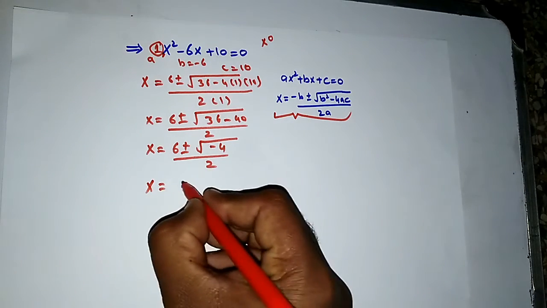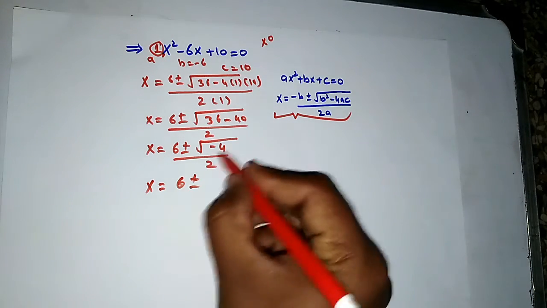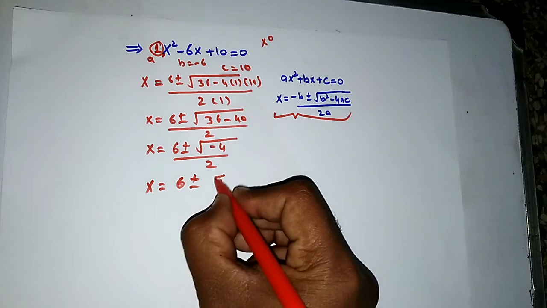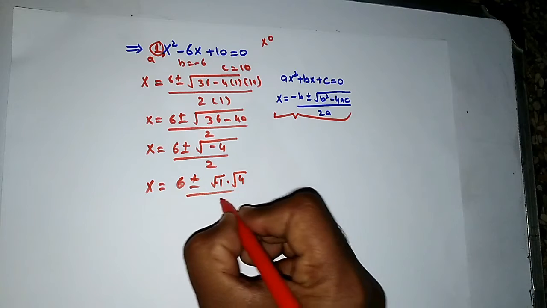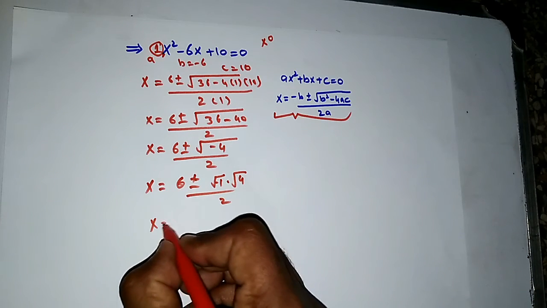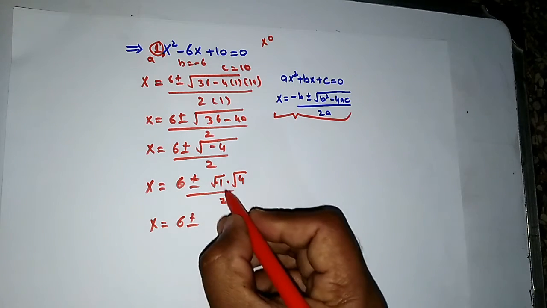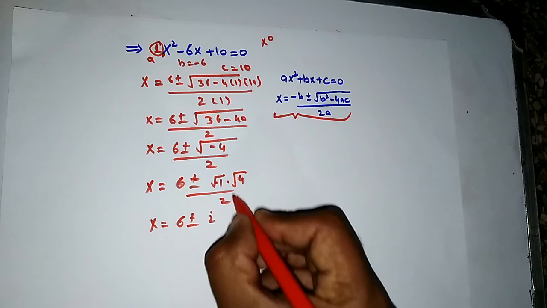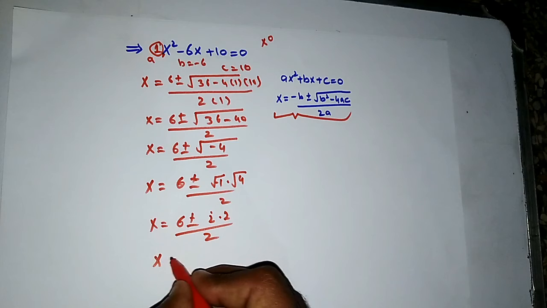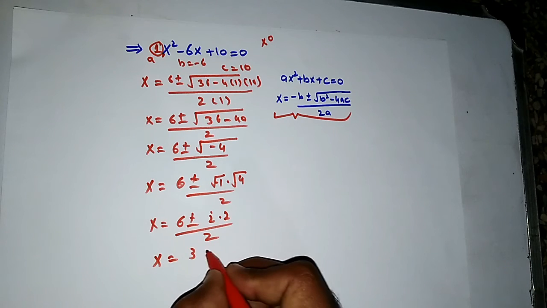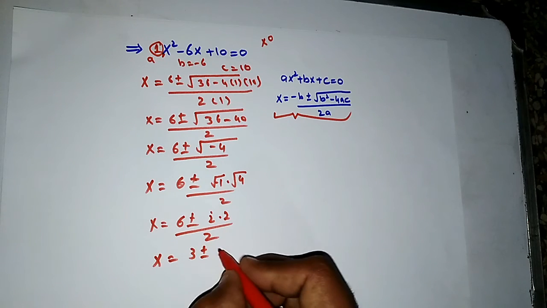So x is equal to 6 plus minus, we can write it as the square root of minus 1 times the square root of 4, divided by 2. x is equal to 6 plus minus, the square root of minus 1 is iota, the square root of 4 is 2, divided by 2. x is equal to 6 divided by 2, that is 3, plus minus 2 divided by 2, that is 1.